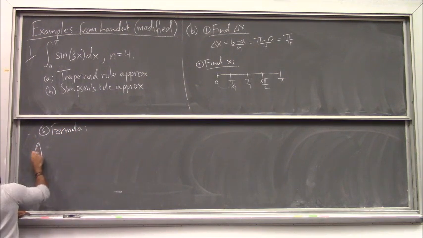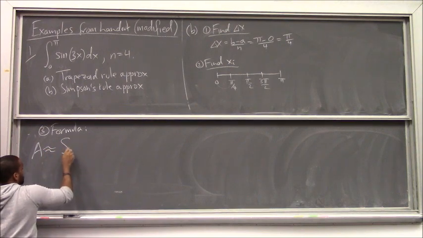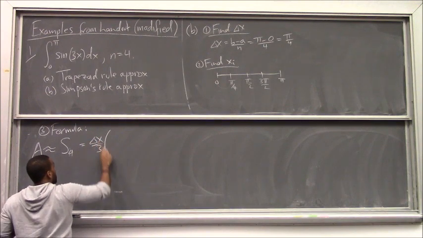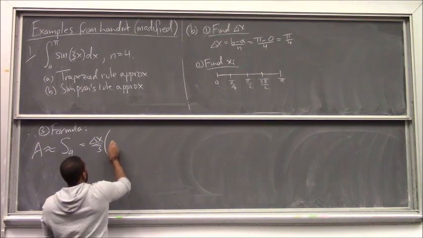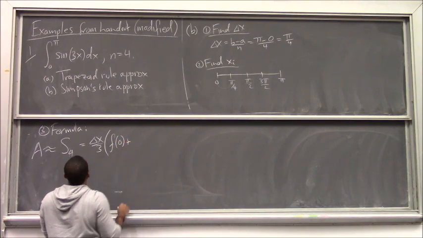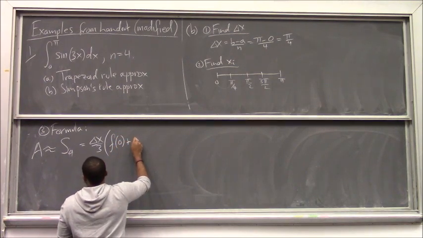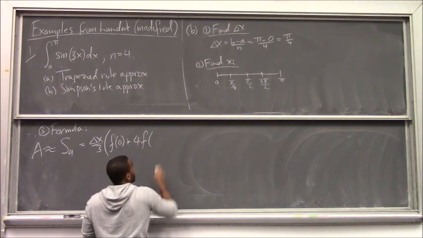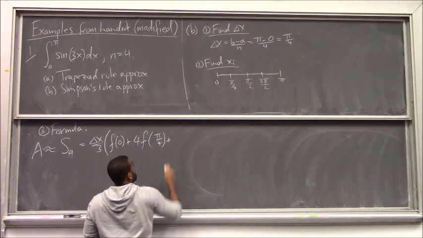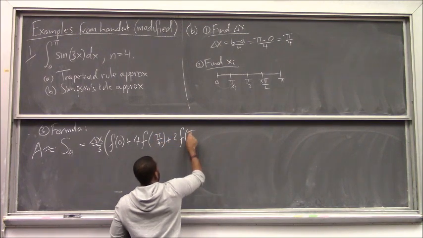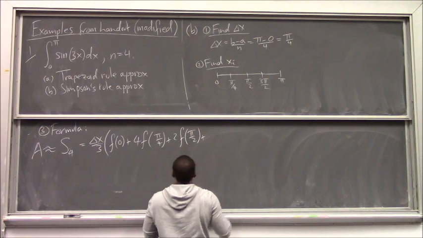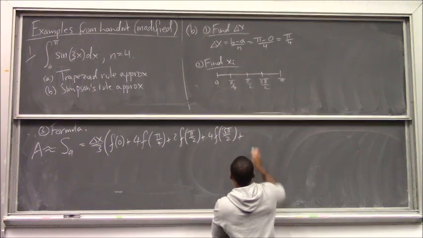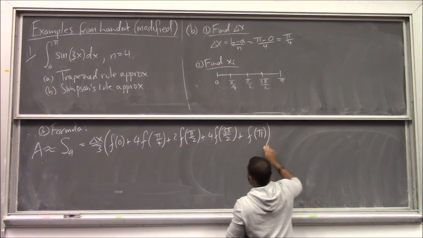Now for Simpson's, using S sub n, in this case S sub 4, that is going to be delta x over 3 times f of 0 plus 4 f of pi over 4 plus 2 f of pi over 2 plus 4 f of 3 pi over 4 plus f of pi.